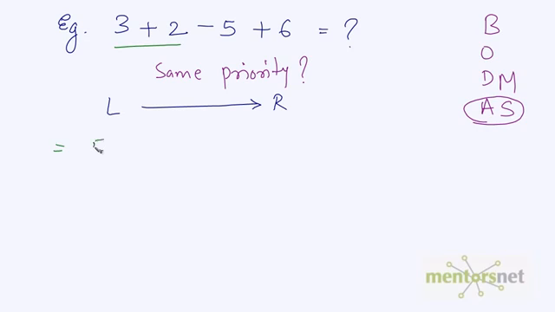So 3 plus 2 is 5. We have minus 5 plus 6, the rest of the terms as they are. This is equal to, again we'll solve the left operation first. So this is equal to 5 minus 5 is 0, plus 6. What remains is 6. So this is how you solve whenever you have operators with the same priority in an expression.